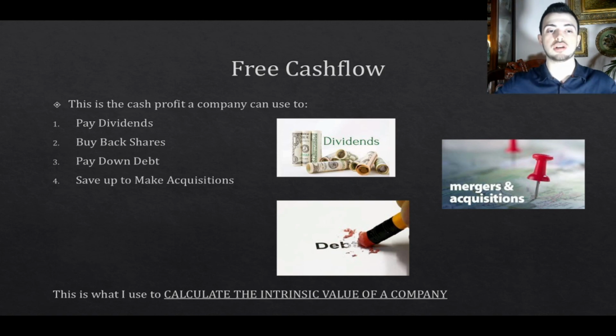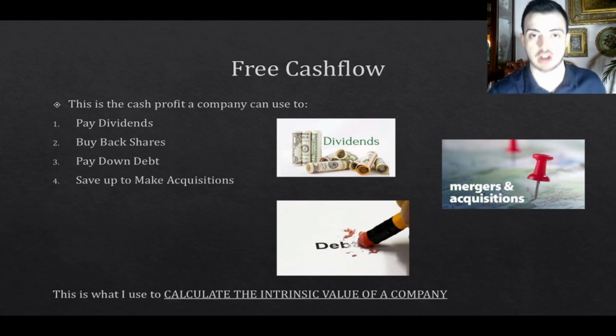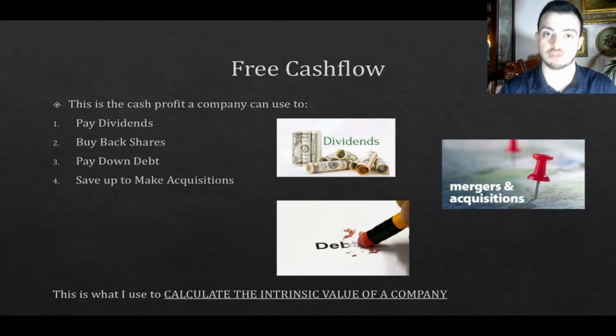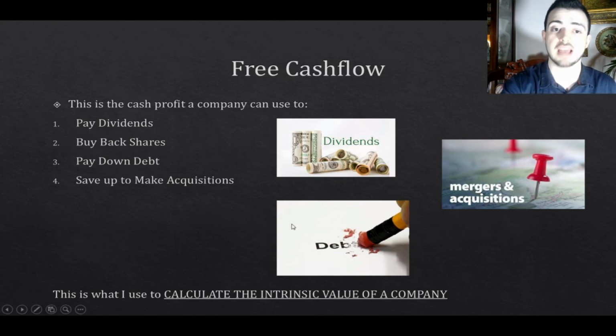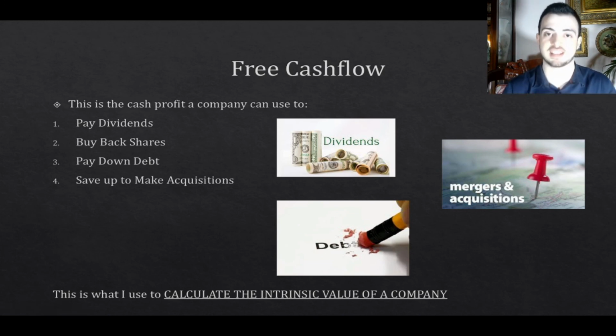And finally, you could save up that free cash flow, store it as cash in your company, and you could eventually make acquisitions with it. So you could buy up smaller companies than you and have growth like that. So this is why it's super important, this free cash flow number. It's kind of the same, it's profit. That's what free cash flow means, it's profit, except it's calculated a little bit different than net income.